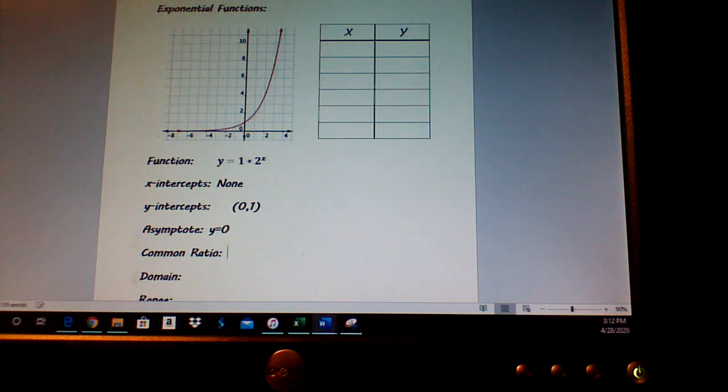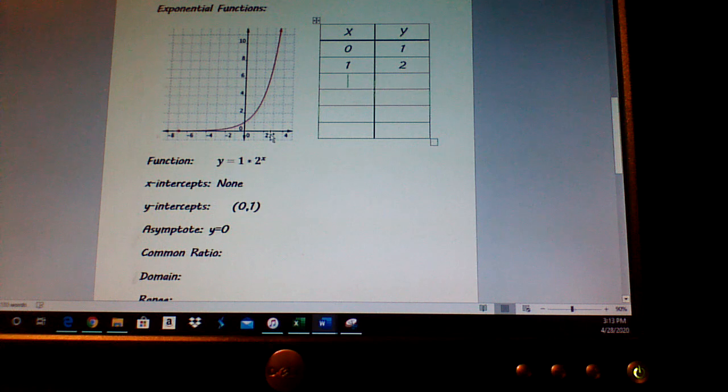Alright, now let's move on to common ratio. Before we actually figure out the common ratio, let's go ahead and come up with some coordinates. A coordinate that I have is 0, 1. That's an easy one. And if I continue, I can see I get 1, 2 as another one.